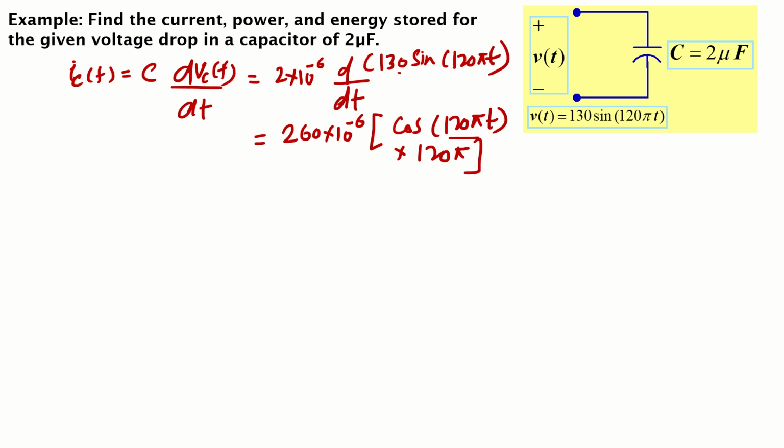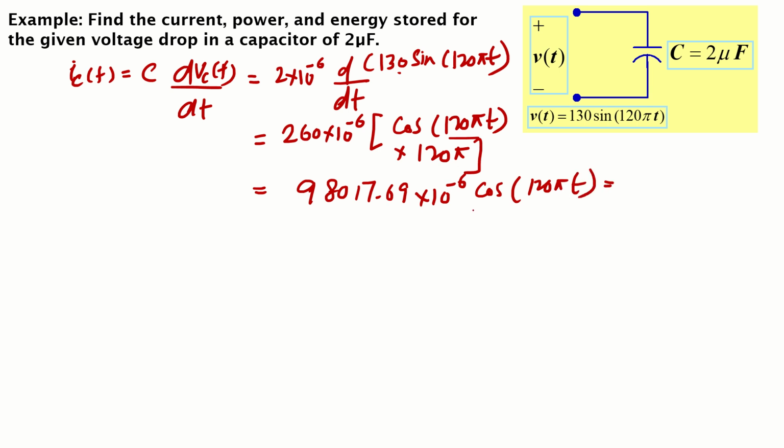If we multiply this with 120 pi, that gives an answer of 98017.69 times 10 power minus 6 cosine 120 pi t.